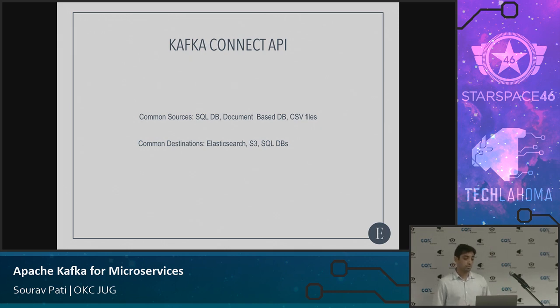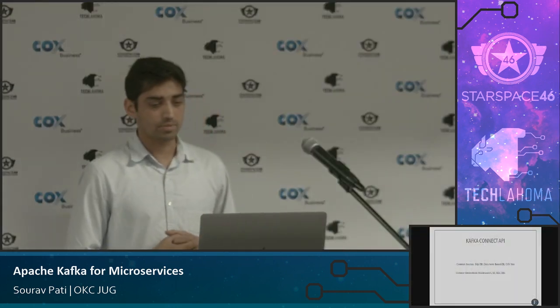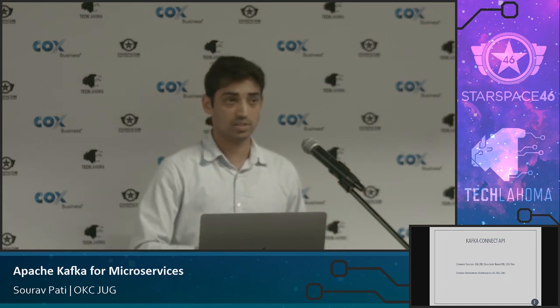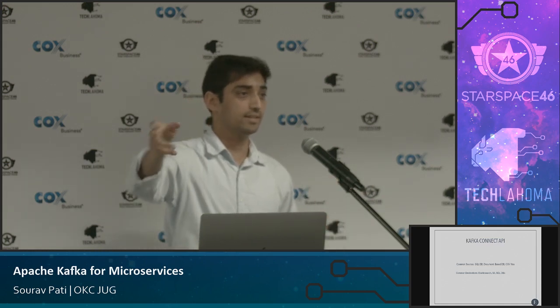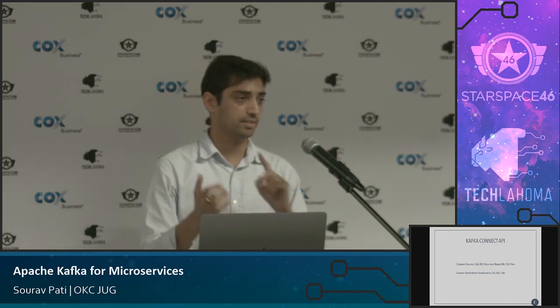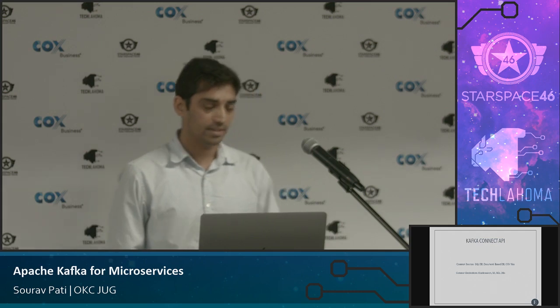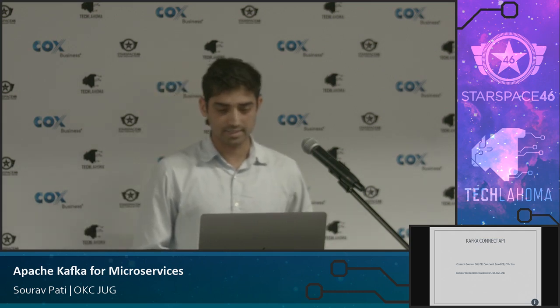For these common sources, where you have a SQL database, Kafka Connect provides an option to pull data. You basically just send the information to Kafka to say, this is my source information, this is my database name, ID, password, and this is the table I want to read. I have an example that we will see in a second.